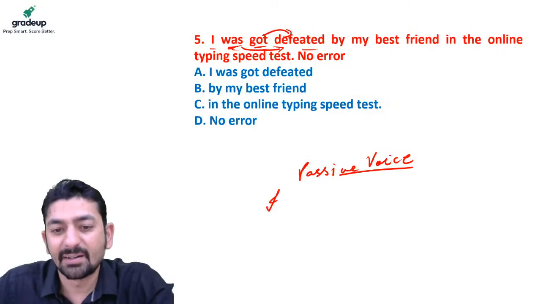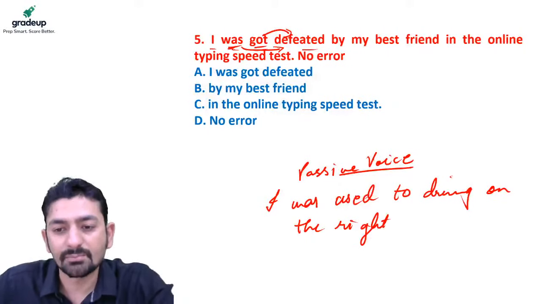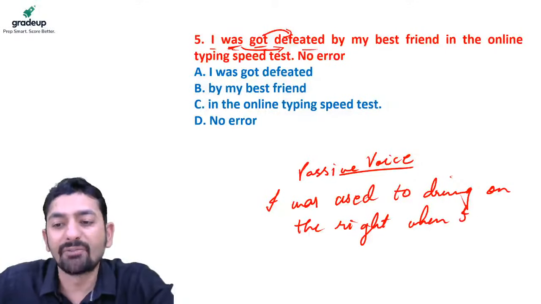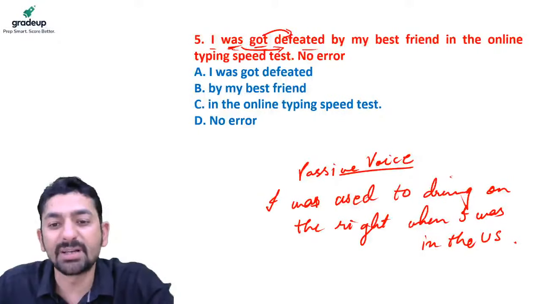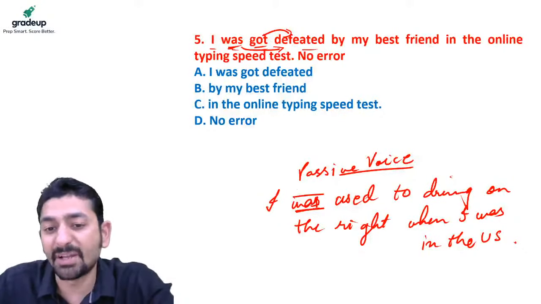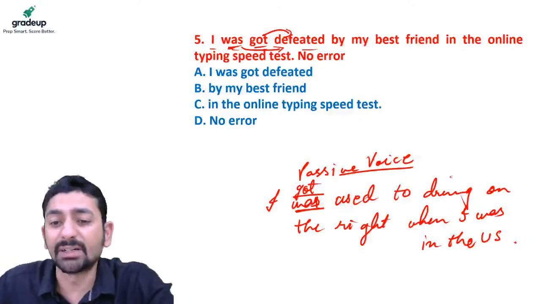If I say, I was used to driving on the right when I was in the US. I was used to driving on the right when I was in the US. You can either write was or in place of was, you can write got. I got used to driving on the right.